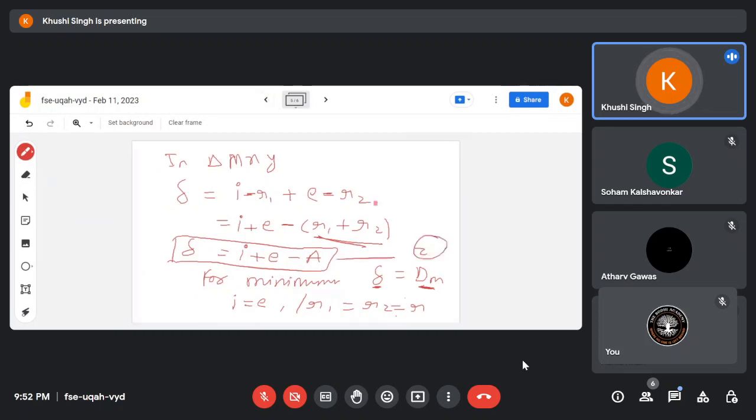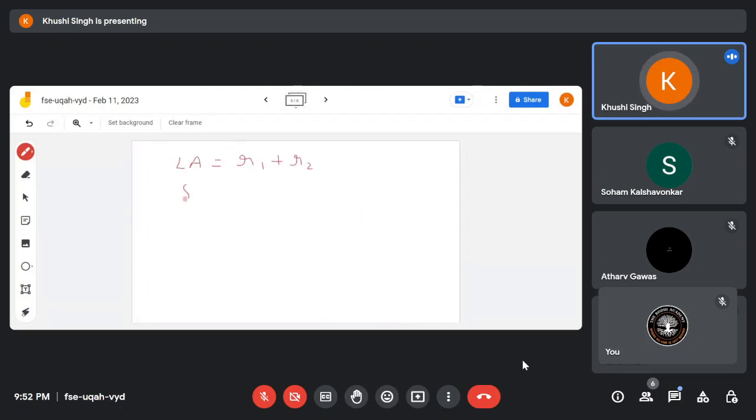First, equation 1, that was angle A equal to R1 plus R2. And my second one, that is my angle of deviation is equal to I plus E minus A. Right, these two equations. Now for minimum deviation, what do we have? We have R1 equal to R2 equal to R, and I equal to E. Can you see this? Simple.